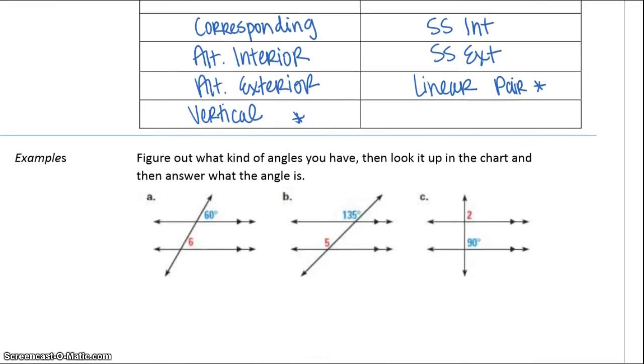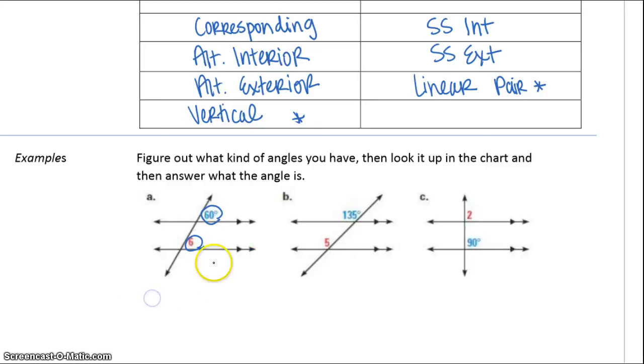Figure out what kind of angles you have and then look it up in the chart and answer what the angle is. So first let's figure out what kind of angles we have. We have this and we have this, correct? So are they alternating or on the same side? They're on the same side. And now, are they both inside or are they both outside? Neither. One's inside and one is outside.